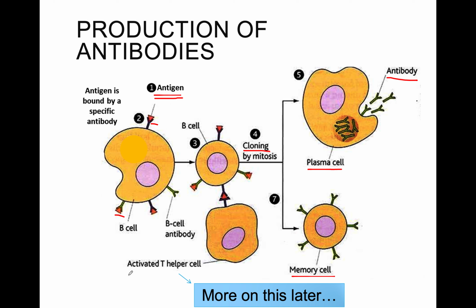Right, the reason I'm showing you this slide is that one of the other things that can activate a B cell, so stimulate a B cell to undergo this cloning by mitosis, is one of the T cells. So this is an activated helper T lymphocyte, or helper T cell, or T helper cell.